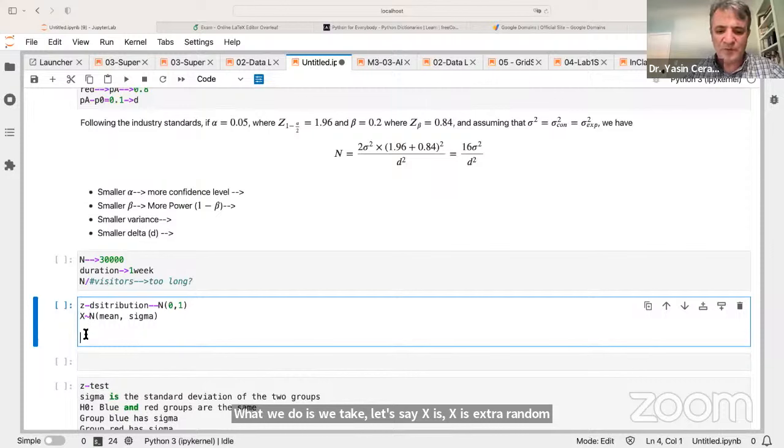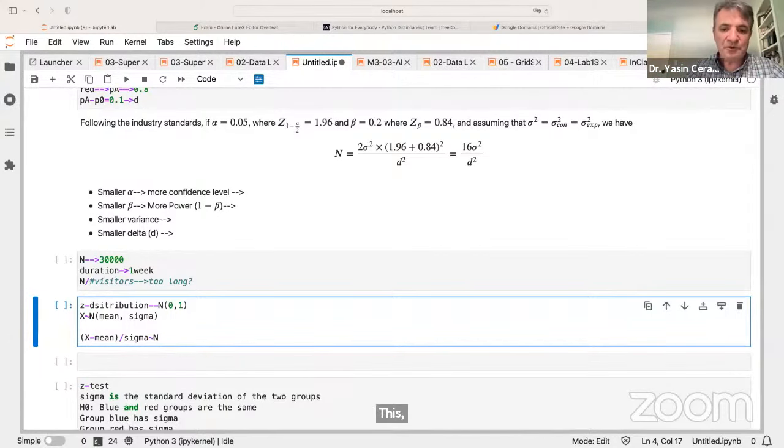We take x, subtract the mean from x, and then divide this by sigma. This operation gives me a normally distributed variable with 0 mean and standard deviation 1.